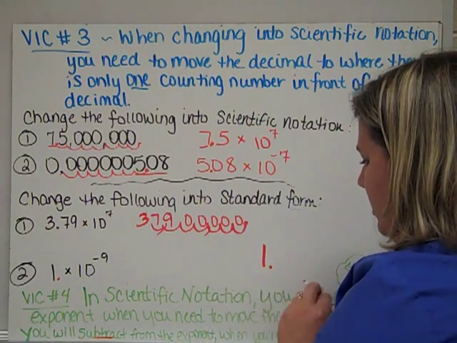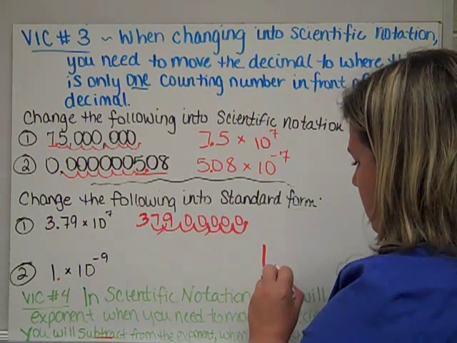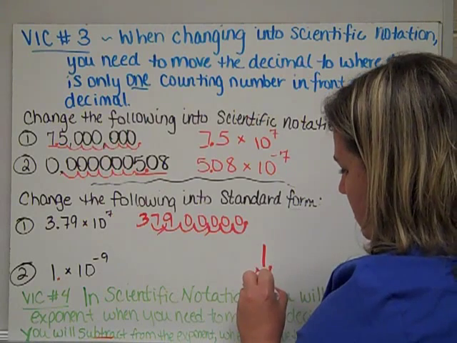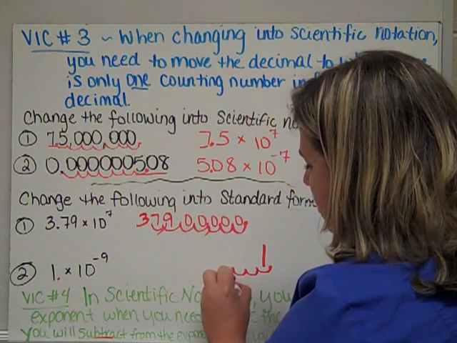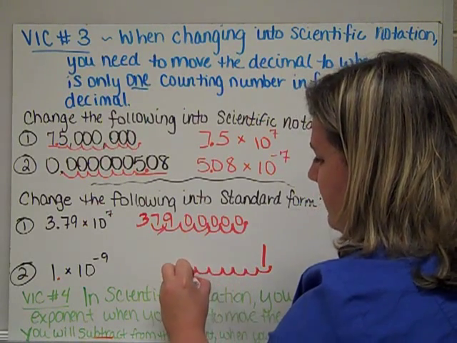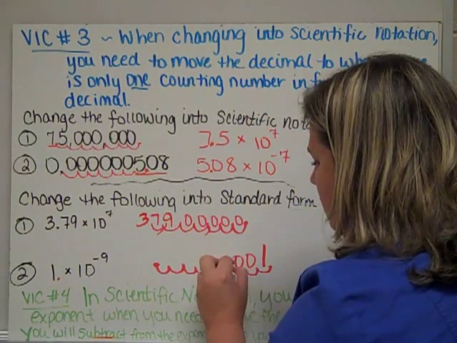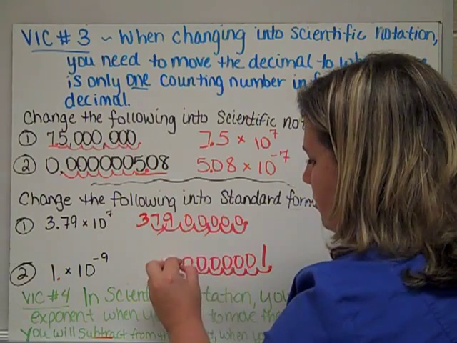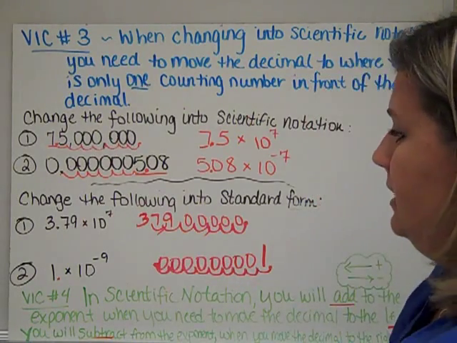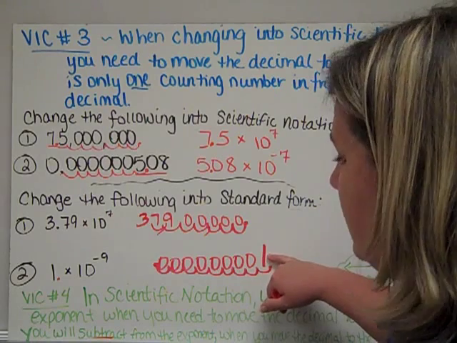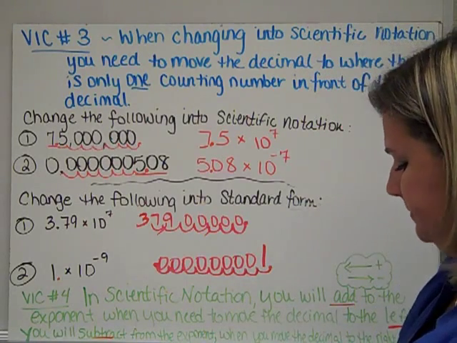If it belongs here in scientific form, I need to start here. 1, 2, 3, 4, 5, 6, 7, 8, 9. Fill in all of those placeholders with 0. I should have 8 of them because the 1 is taking up one of the place values.